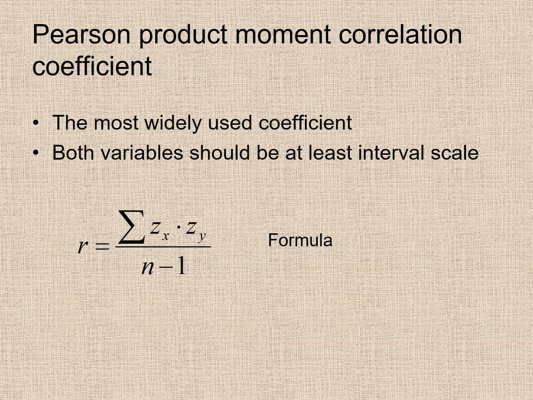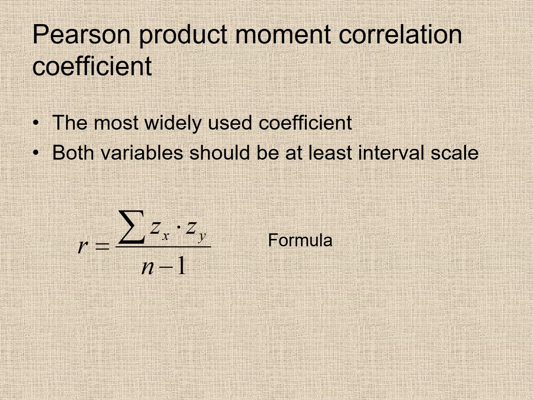I won't go into it, but it gives you a correlation between -1 and +1, indicating the direction and the strength of a linear association between two variables x and y. You can calculate it, but both variables, x and y, should be at least interval scale, so either interval or ratio scale.